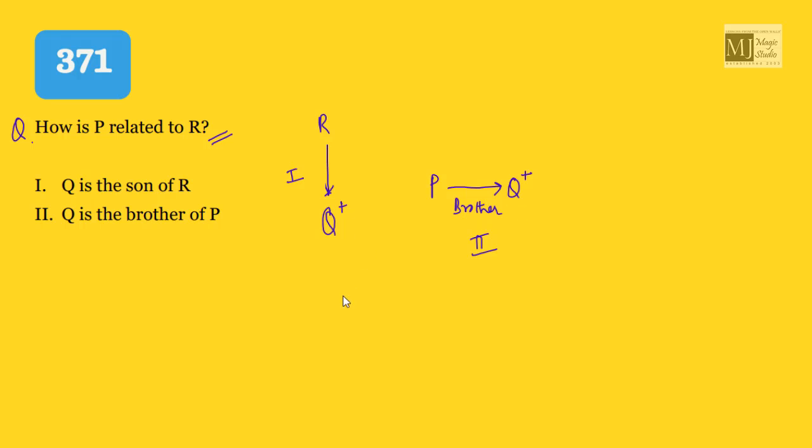Now let me combine these two. If I combine these two, I'll get R, Q son, and then P is brother. Q is brother, not P. That means we know that there is a relationship between R and P. That is fine. But we don't know the gender of P. We don't know the gender of R. R can be female.